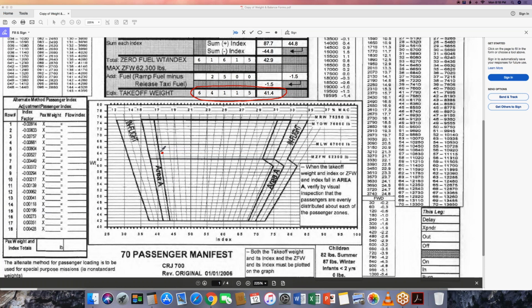Yes. All right. What was our weight before, our takeoff weight? 60. No, sorry. It was like 76,000. 215, I think. Okay, and what was the index on it?